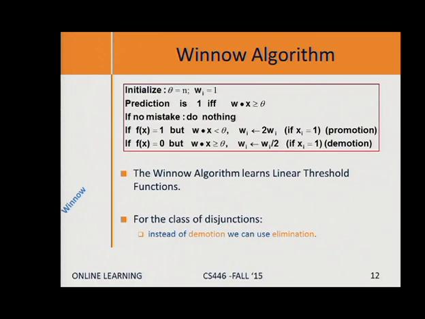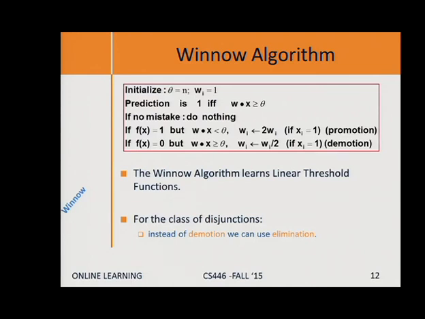Why is this okay to do? It's a disjunction. So what? So we have negative examples. It's a disjunction, and I know that it's a negative example, and I know that xi is 1.